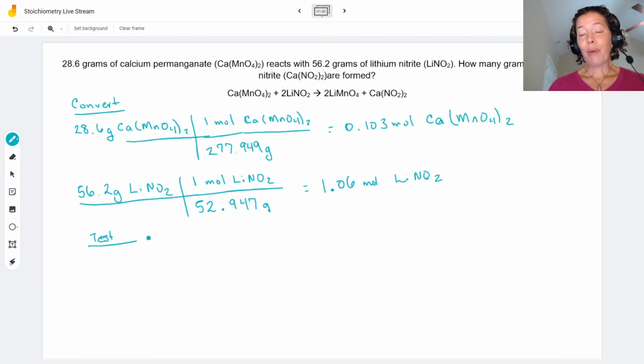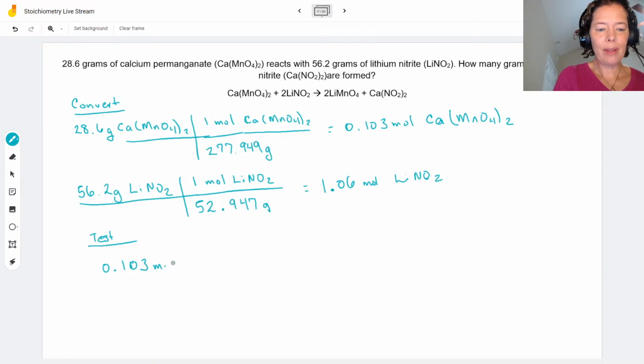Okay, I'll start with my moles of calcium permanganate. If I'm going to use all of my calcium permanganate, how many moles of lithium nitrite will I need?